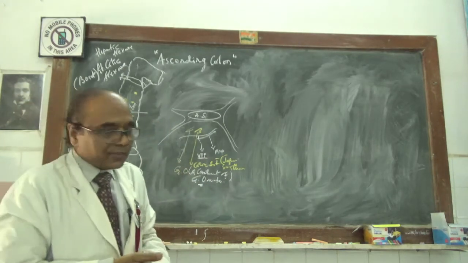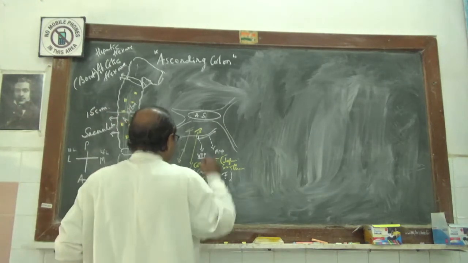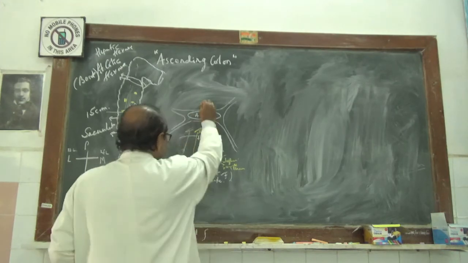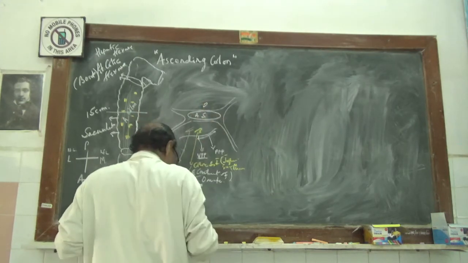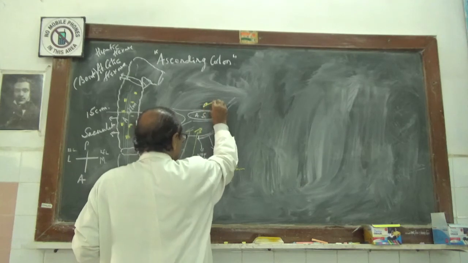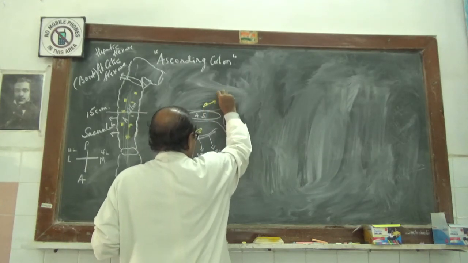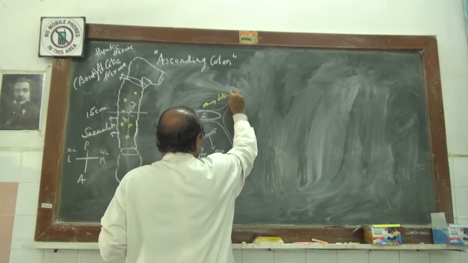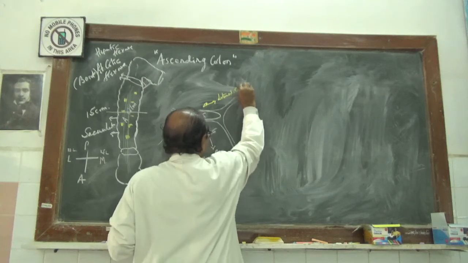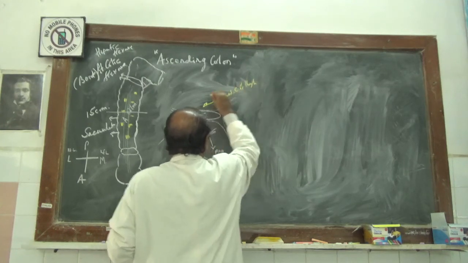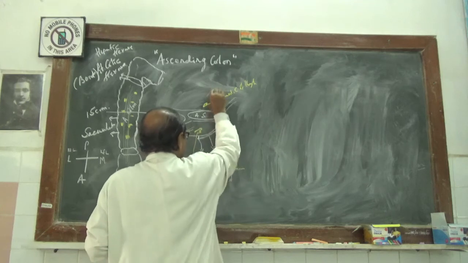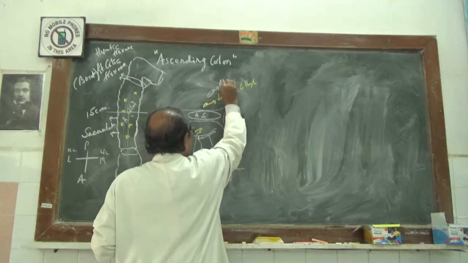After this, you have to go behind. Behind, you will have a nerve. That nerve is the lateral cutaneous nerve of the thigh. Then the right psoas major.